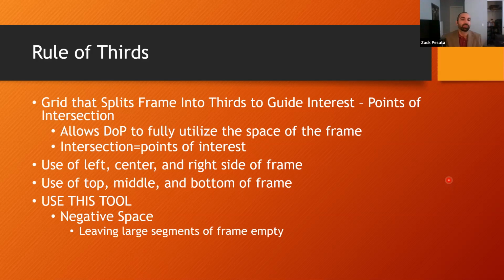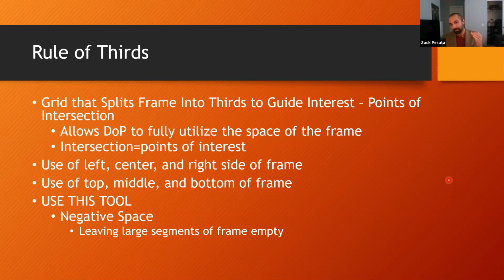So cinematographers and videographers use a rule of thirds grid, which is a grid that is displayed on the monitor they're using that splits the frame into thirds to guide interest. And I'm going to show you a few examples here, but usually the lines that intersect are theoretically points of interest for the audience.